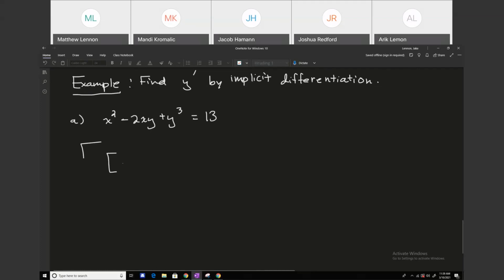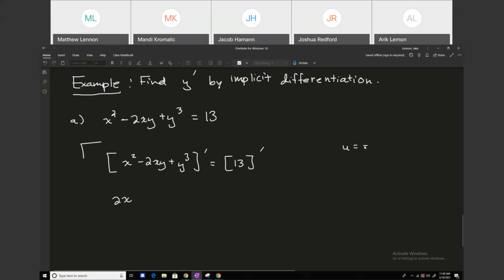So again, what we do is we just differentiate both sides, and a lot of times you can maybe skip this step where you just say you're taking the derivative, but I'm just going to do it now. So we have 2x, and then, okay, let's think about the product rule.